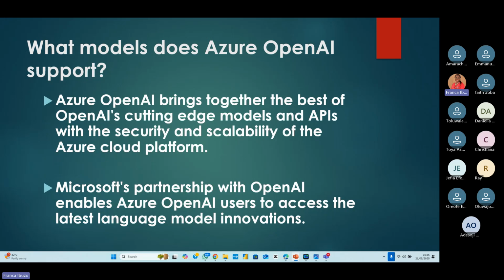I did mention that Azure OpenAI brings together the best of OpenAI's cutting-edge models and APIs with the security and scalability of the Azure cloud platform. We discussed all that before. Microsoft's partnership with OpenAI enables Azure OpenAI users to access the latest language model innovations.